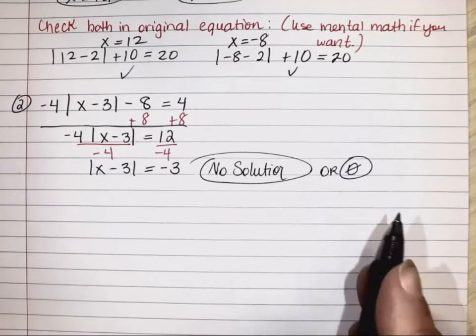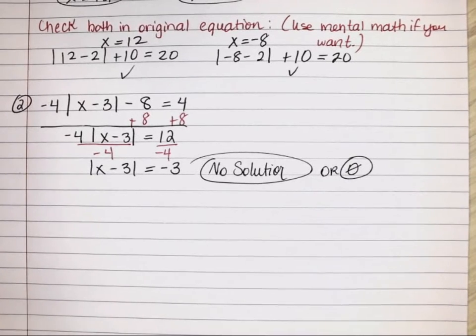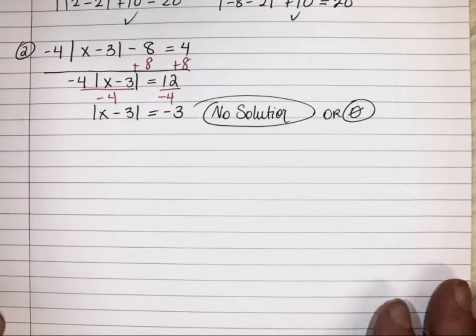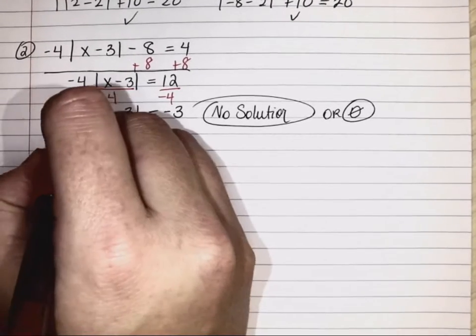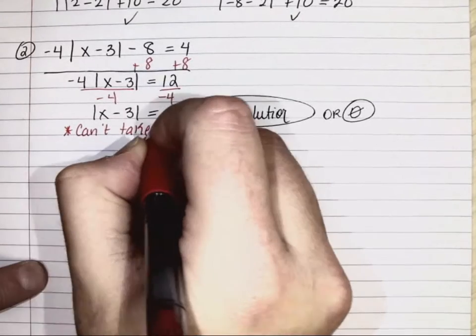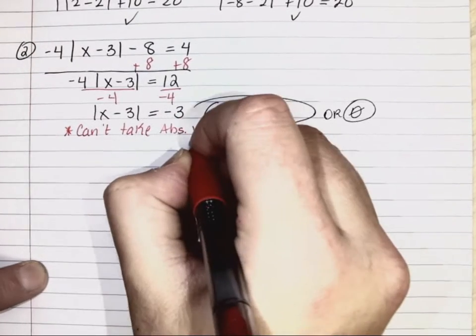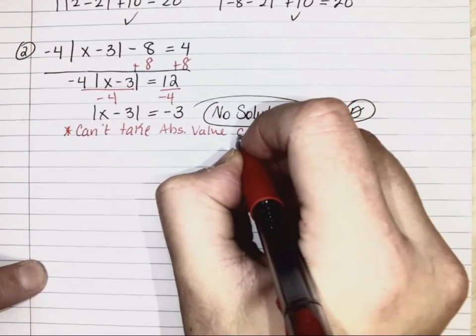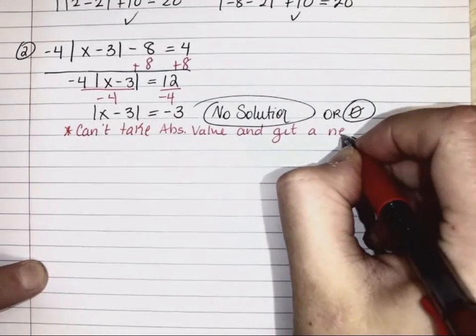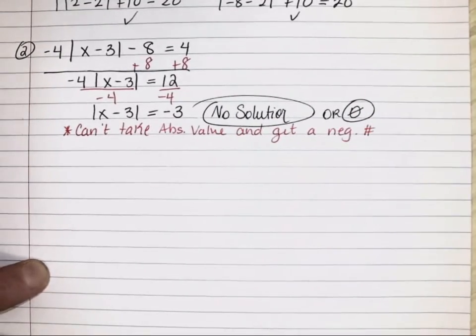I don't think MyMathLab has the empty set. Well, it does in some cases and it doesn't in others. But number 2 is no solution. You can't take the absolute value and get a negative number.